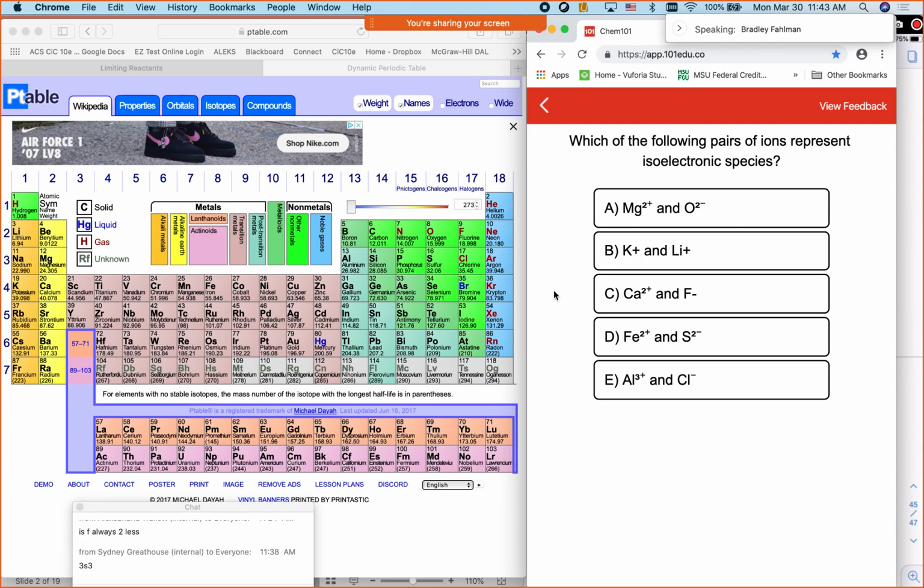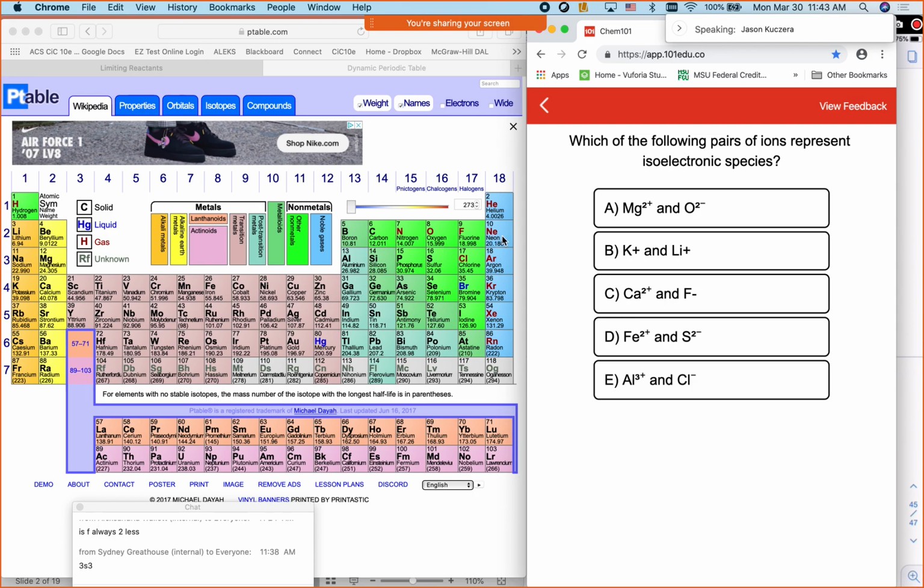So again, they're not the same. Iron 2 plus is kind of here, and S2 minus is a noble gas. So they're very different. And aluminum 3 plus is the same as what noble gas? If you take 3 electrons away from aluminum, you get neon.